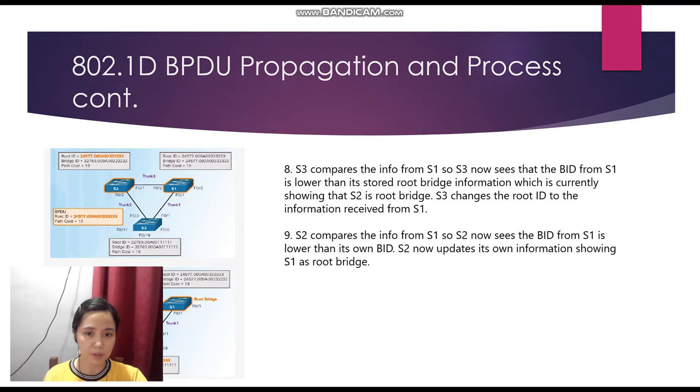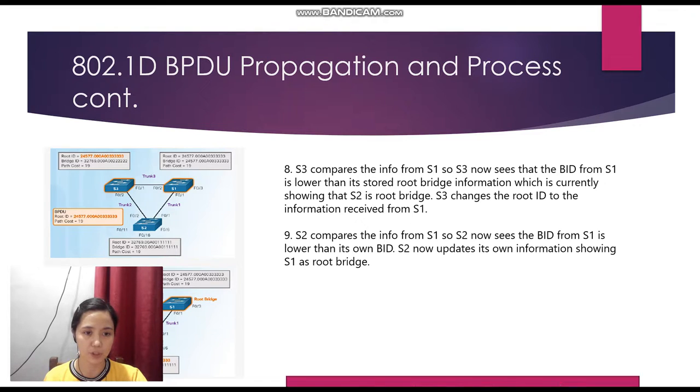S3 sees the BID from S1 is lower than its stored root bridge information, which is currently showing that S2 is root bridge. So S3 changes the root ID to the information received from S1. And then S2 compares the info from S1. S2 now sees the BID from S1 is lower than its own BID. S2 now updates its own information showing S1 as the root bridge.